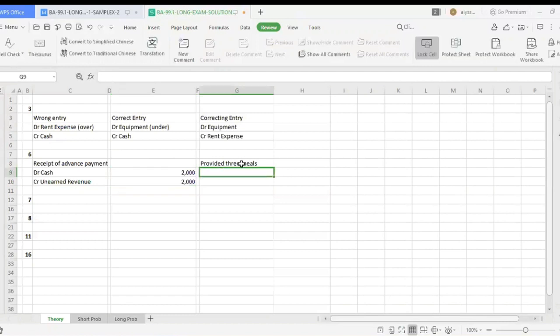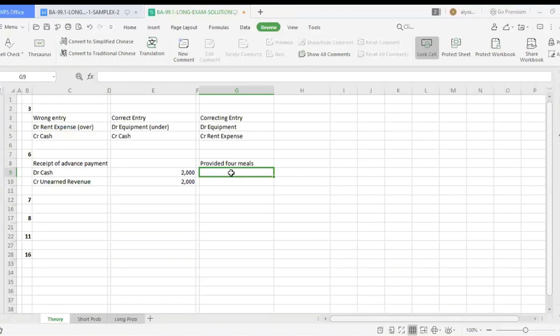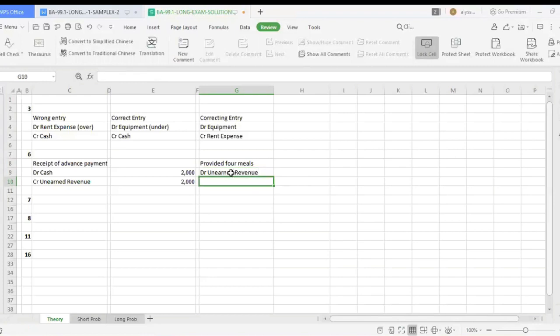After providing 4 meals, you recognize now the revenue. So you cancel out by debiting unearned revenue, and then you credit sales revenue.